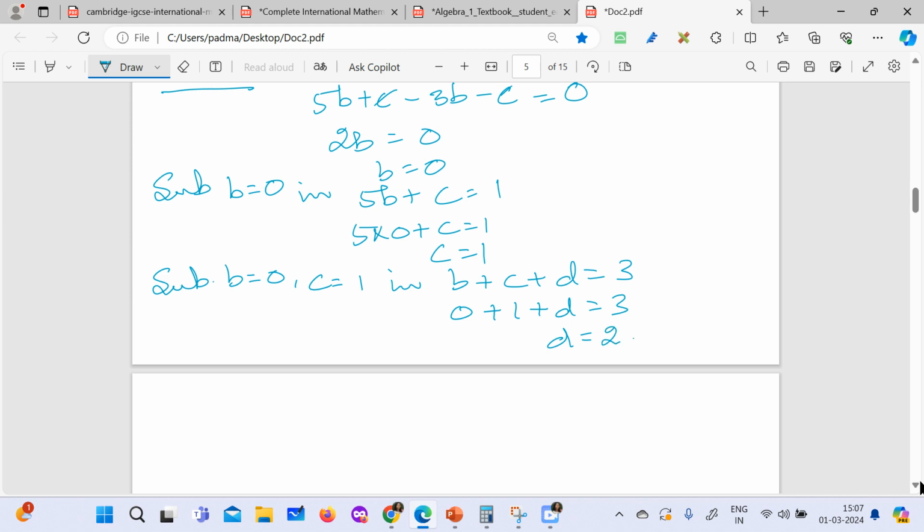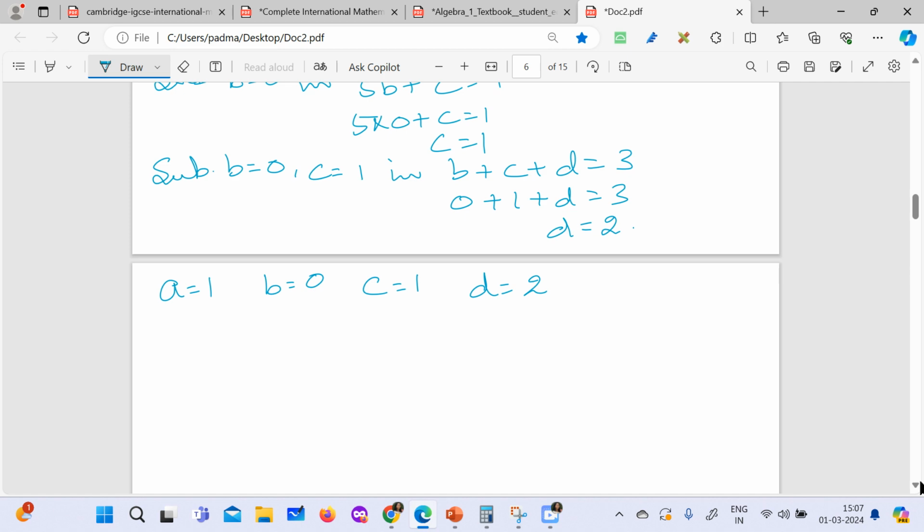Okay. Now what was the value of a? It was 1, right? Yeah. a is equal to 1, b is equal to 0, c is 1, d is 2. I have all the values required for my nth term of cubic sequence. So you know the nth term of a cubic sequence is an cube plus bn square plus cn plus d.